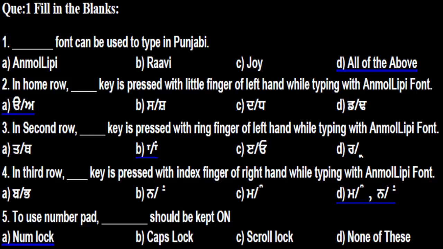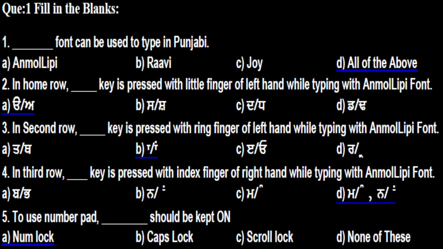A option, Uda oblique Ada. B option, Sassa oblique Sashe per Bindi. C option, Dadda oblique Tadda. And D option, Dadda oblique Tadda. So our right answer is Uda oblique Ada, A option. A option is the correct option.